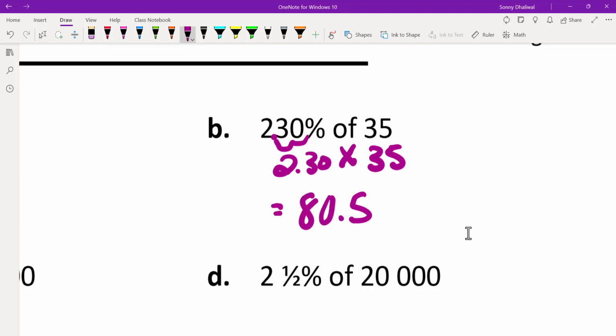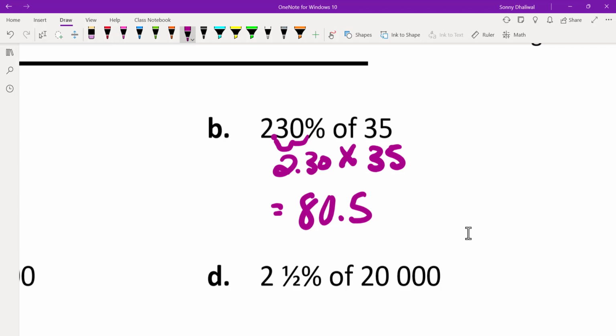Okay. Now let's suppose we want to do this in our head without using a calculator. All right, where's my marker again? Okay, let's do this. 230% is a big number to calculate, but we can break that up. Alice, you can break it up into times 2 and then times 10%.